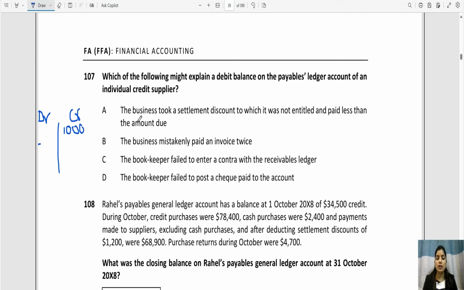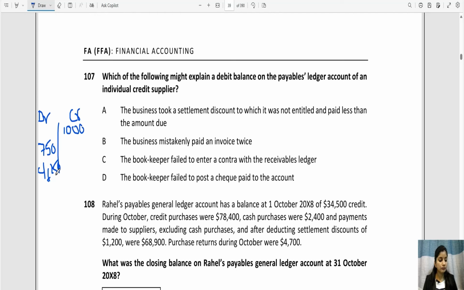If I do not book the discount and only book what I have paid, so in this ledger if I post 750, there will be a balance of 250 which will be carried forward. Why? Because we have got a discount of 250 but we have not posted it in the ledger. So again it will be on the credit side and it will be reflected as a credit balance, not the debit balance.